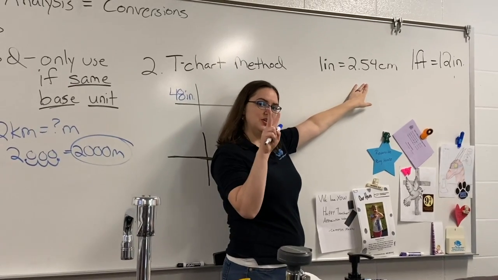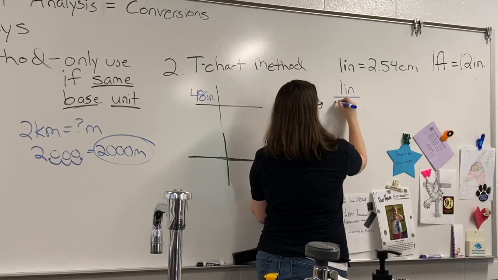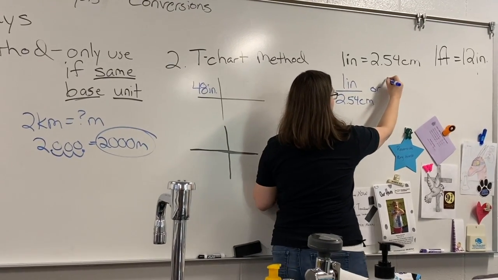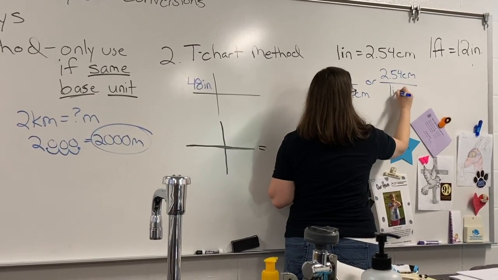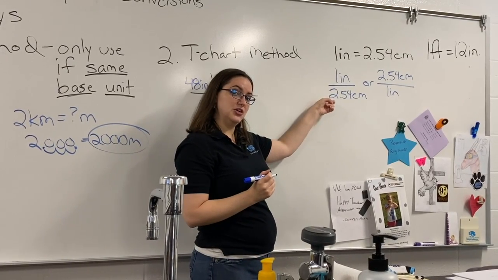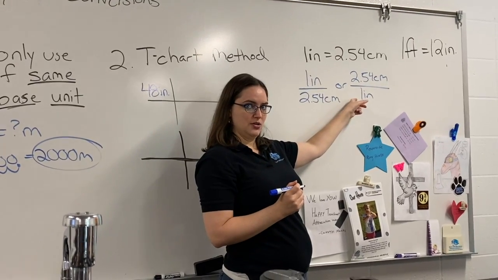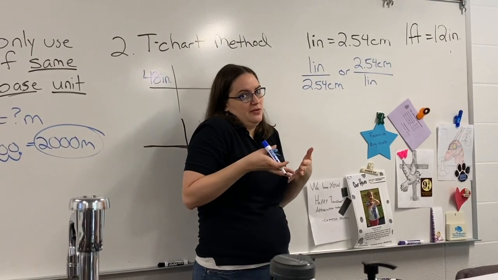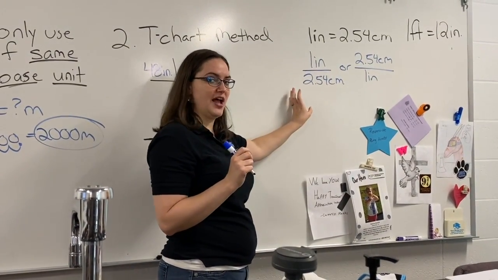There are 2 different ways we can write this: 1 inch over 2.54 centimeters, or 2.54 centimeters over 1 inch. Either one will work because they both equal each other. But we want to choose the correct conversion factor.